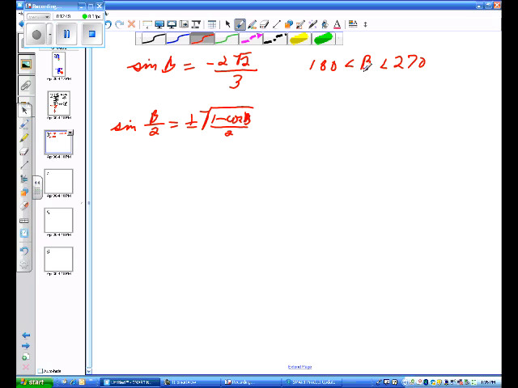We can do that right away. So if beta is between 180 and 270, then half of it is between half of 180 and half of 270, which is quadrant 2. Beta is in quadrant 3, half of beta is in quadrant 2, so the sign is going to be positive.